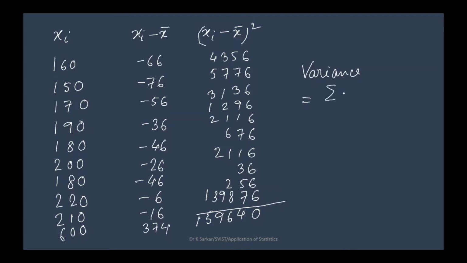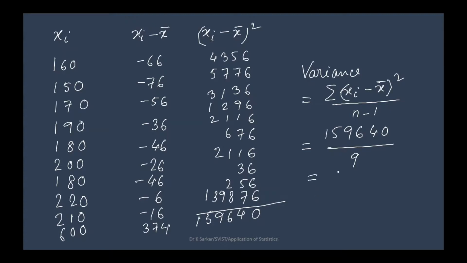Now we know the variance formula: sum of (xi minus x bar) whole square divided by n minus 1. So this is 159,640 divided by 10 minus 1, that is 9. That is 17737.7778.